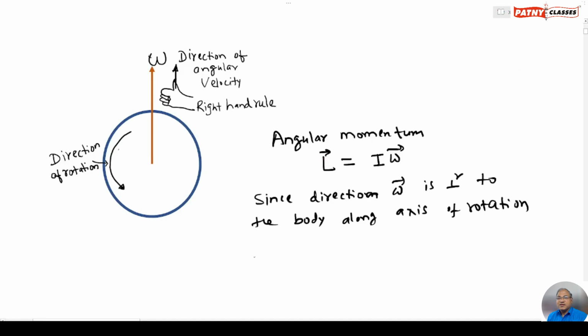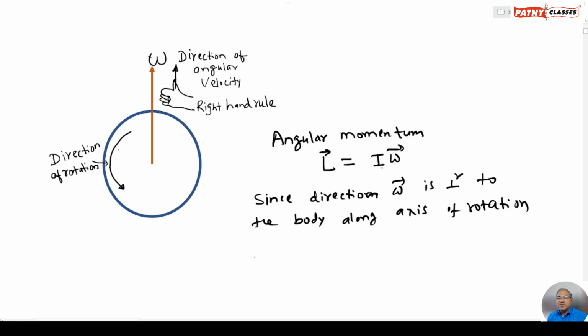Angular momentum is denoted by vector L and it is the product of I and omega. Since omega is perpendicular to the body and along the axis of rotation, and L is the multiplication of I and vector omega, whenever you multiply a vector with a scalar, the result is a vector as well.